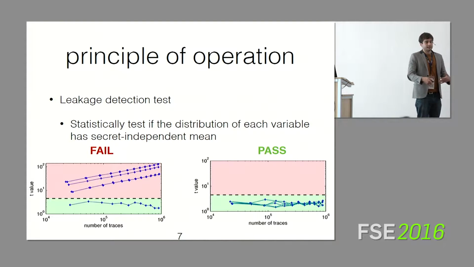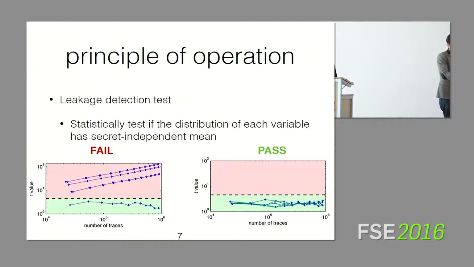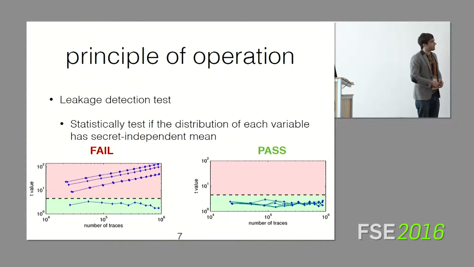For each number of traces, you do some computation, take some statistic, and compare against a threshold. For example, here I plot this t value of 4.5. If the statistic surpasses that threshold, then it's deemed insecure because it has different means.